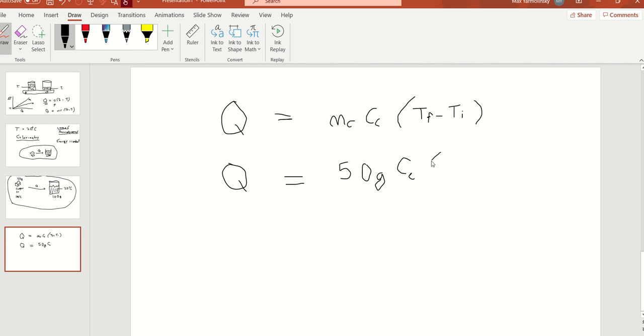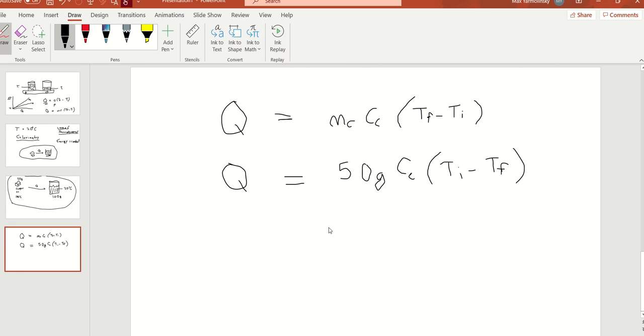So let's write it like this: TI, to signify that this is the heat that is coming out of the piece of copper. That will be a positive quantity, okay?